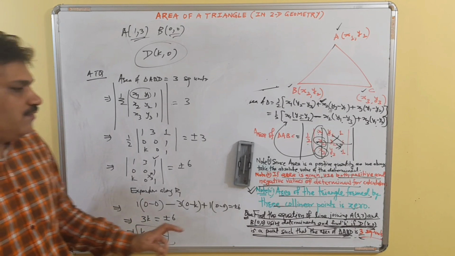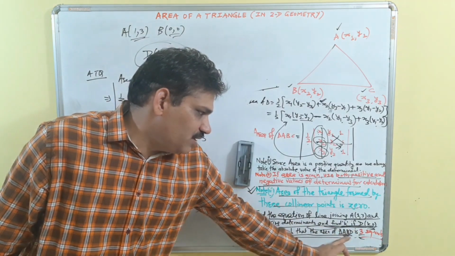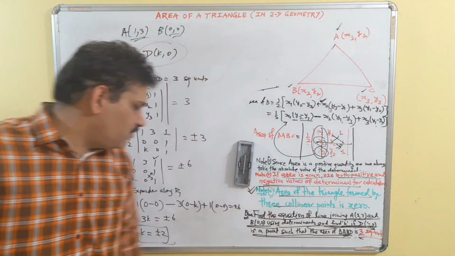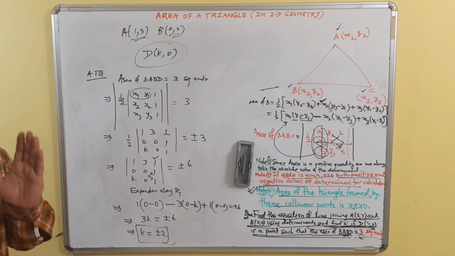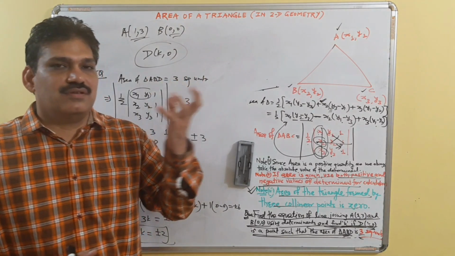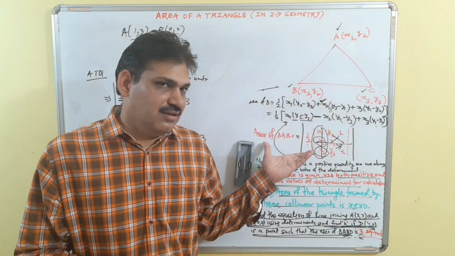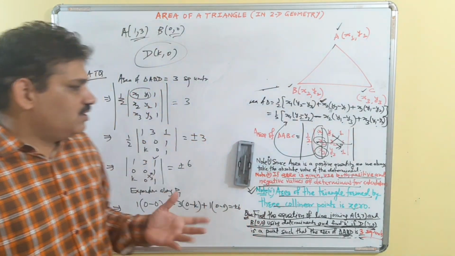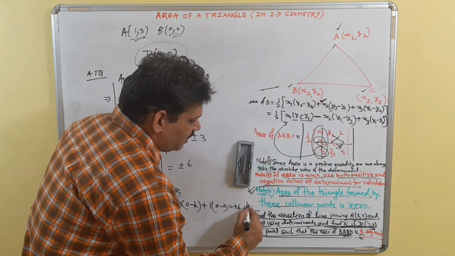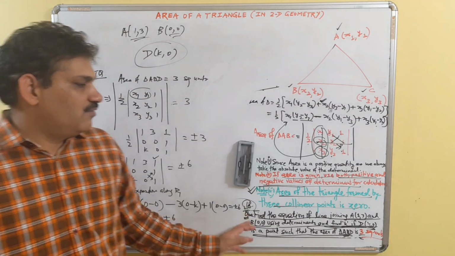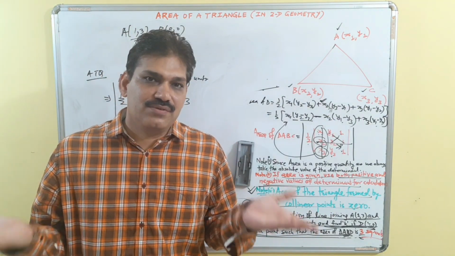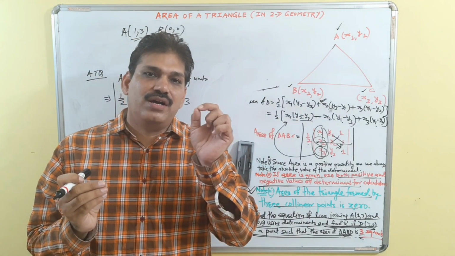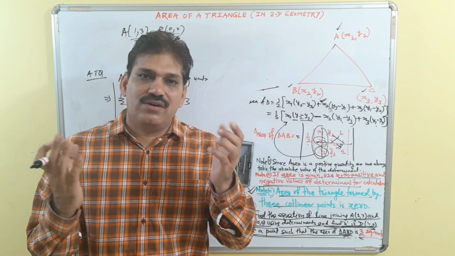So if the area of triangle ABD is 3 square units, then the value of k is either plus 2 or minus 2. This is how we use the formula of area of triangle. Note that in this question, example 18, just before the exercise, to find the equation of line joining 2 points, we take a general point P x comma y on the line.